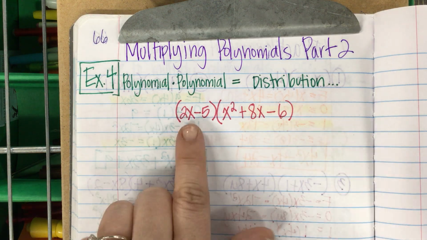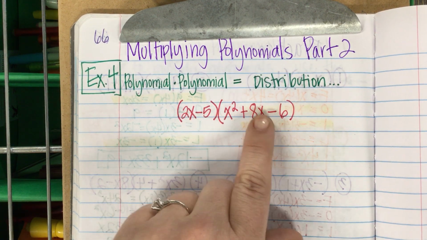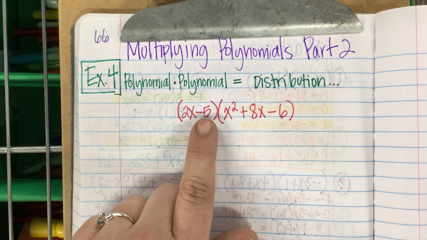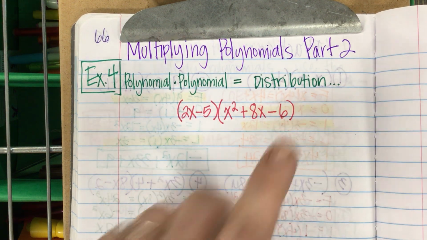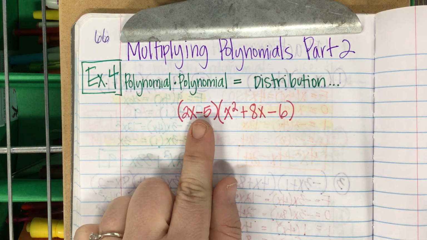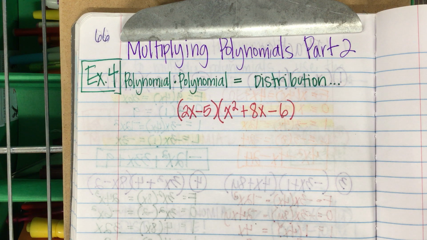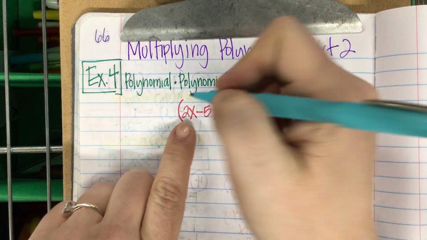All I'm doing is I'm going to take this 2x and I'm going to distribute this 2x to all three terms. And then I'm going to go back and I'm going to take this minus 5 and distribute it to all three terms. I'm distributing both terms in the binomial to the trinomial. And you can kind of do this in any fashion that you want.